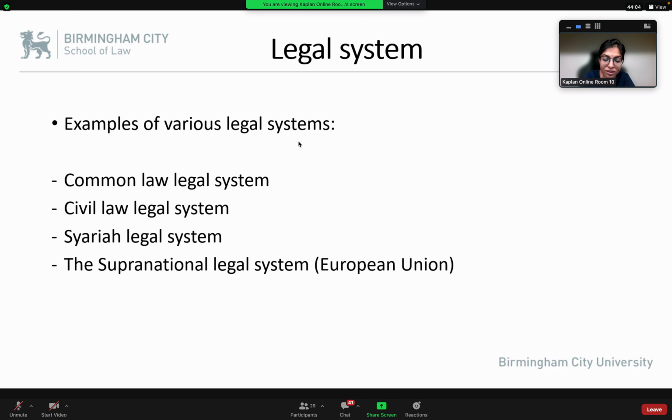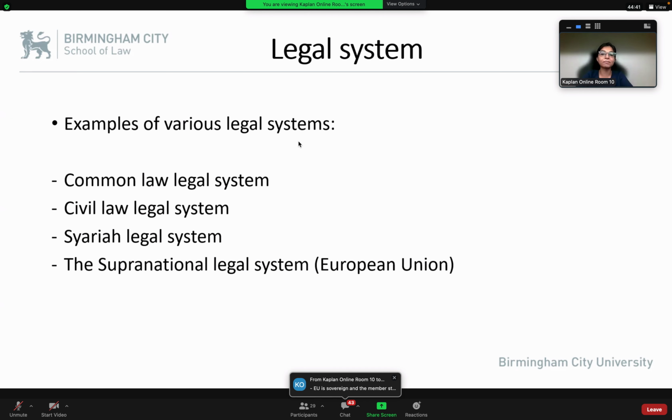Now let's talk about the supranational system. Supranational system is so sophisticated. Supranational system is like a business entity, the organization. This is where the EU is sovereign and the member states must loyally accept the EU laws. So the supranational system means all the member states will have equal standing.